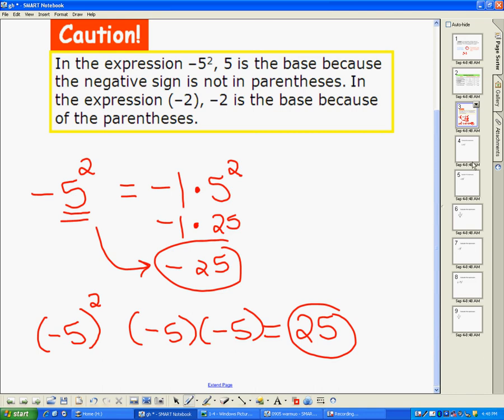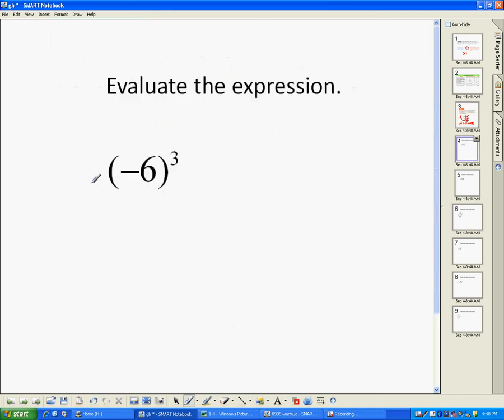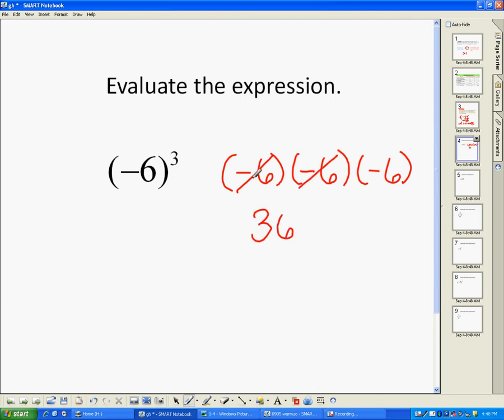Okay, so let's do a couple of examples with that. If you've got negative 6 cubed, because the negative 6 is in the parentheses, that means the negative 6 is what repeats, or what is multiplied by itself 3 times. So negative 6 times negative 6 times negative 6. And since negative 6 times negative 6 is positive 36, remember a negative times a negative is positive, and then I've got times negative 6 left.